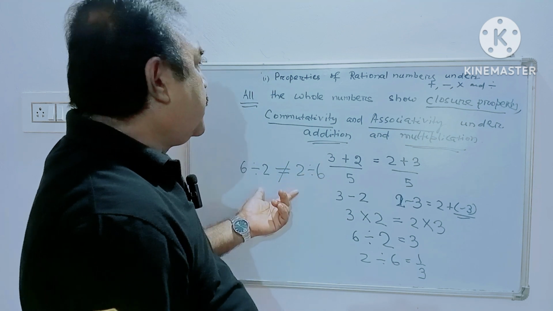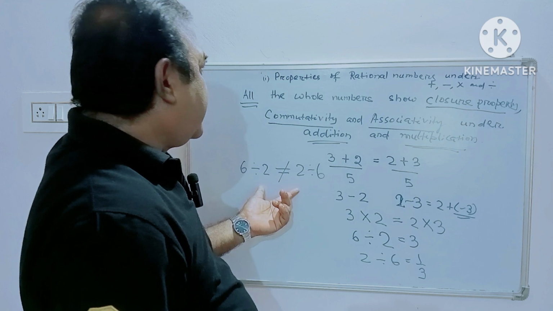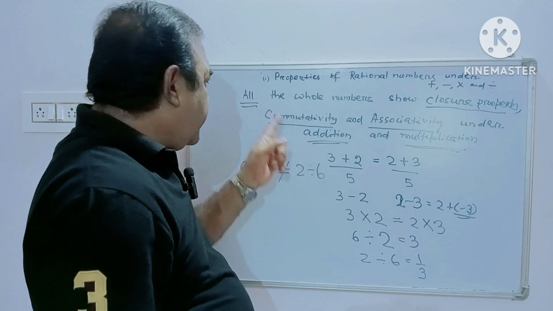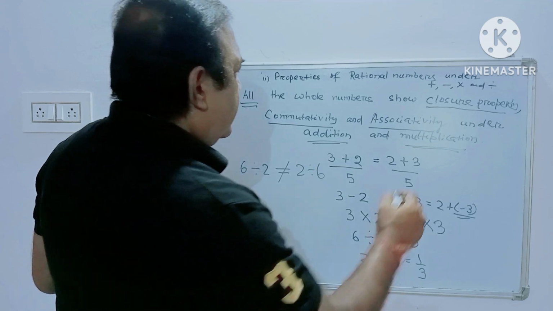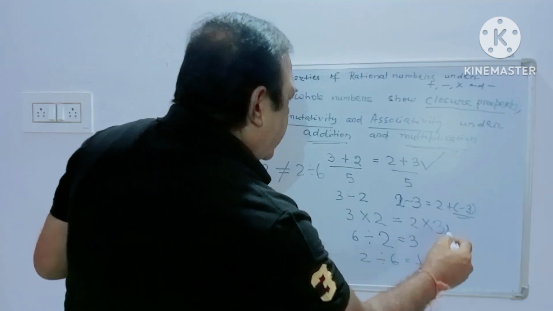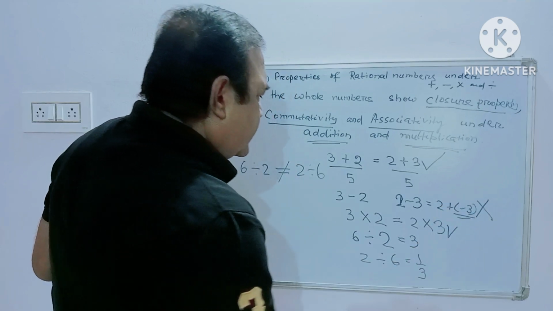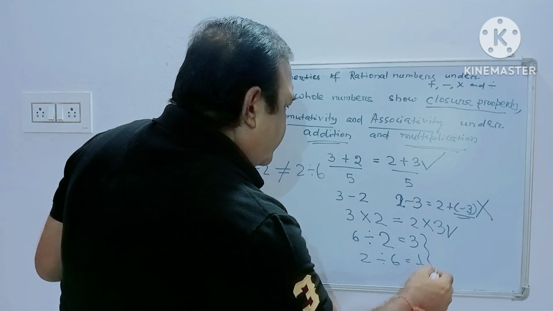This doesn't hold good. So all the whole numbers show commutativity under addition and multiplication, not in the case of subtraction and division.